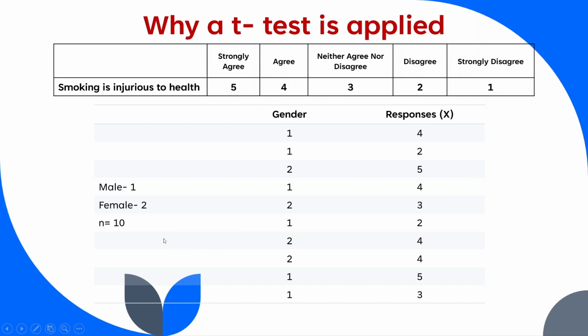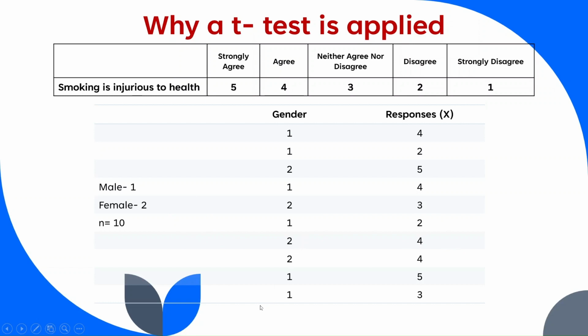For males, there may be a mean score for this statement based on the responses received. So these are the responses received for this particular statement on this 5-point Likert scale, and also for the females there may be responses.